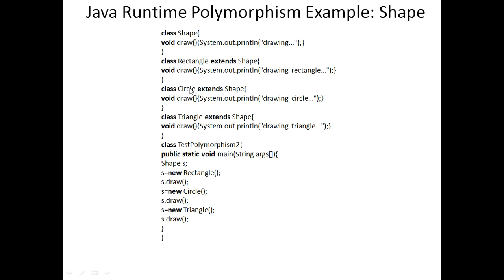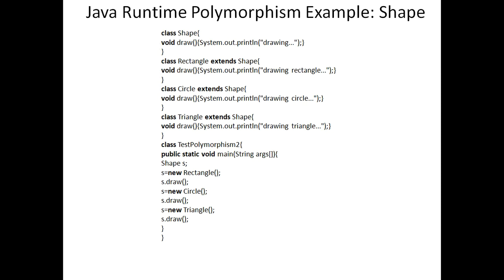Similarly for the circle, drawing circle, and for the triangle, drawing triangle. But you should not forget, all four methods are the same. So you may feel, four things are there. If I call draw, which one to pick? That's where runtime polymorphism works.